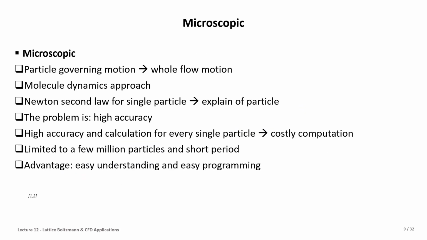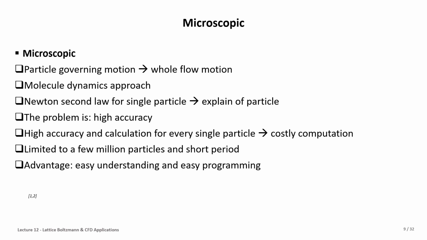When we look at the microscopic scope, it only follows the particle, which means we are studying particle properties. It has particle governing motion. Firstly we study the particle, and then we expect to get the whole flow motion.